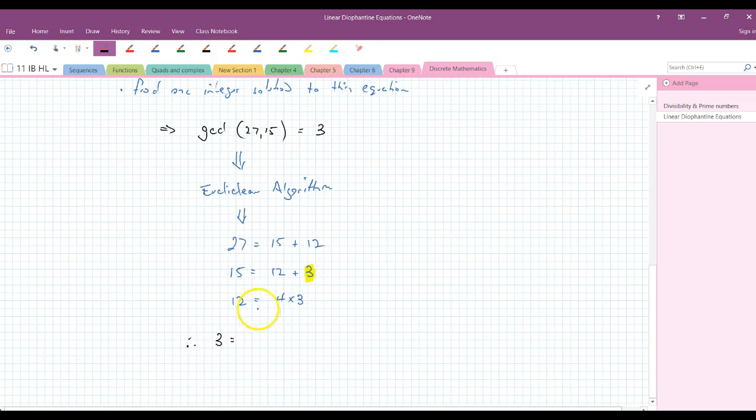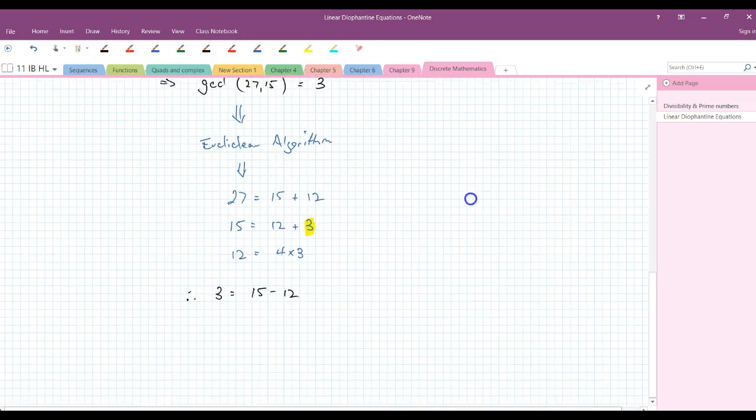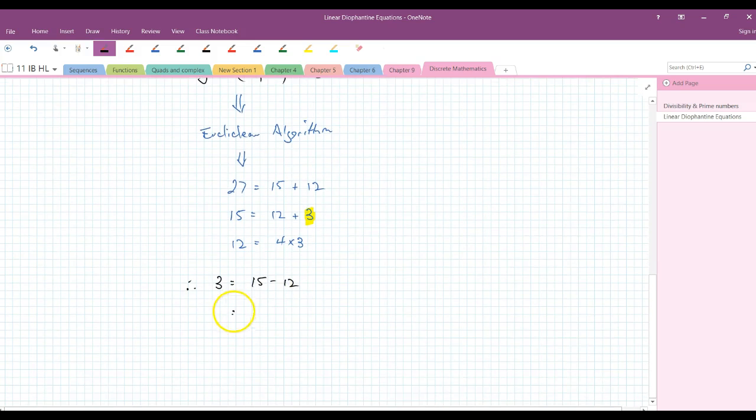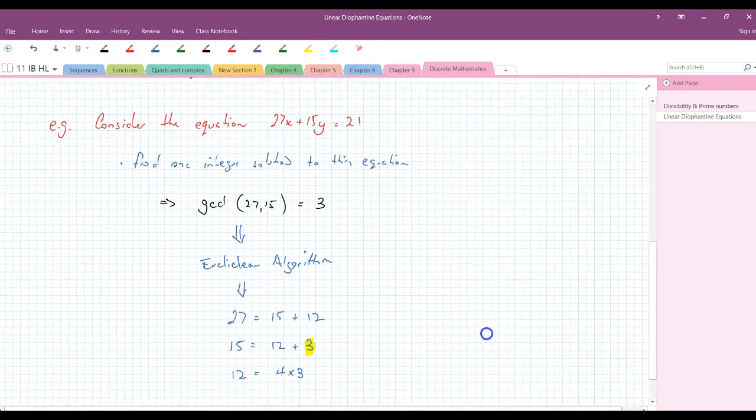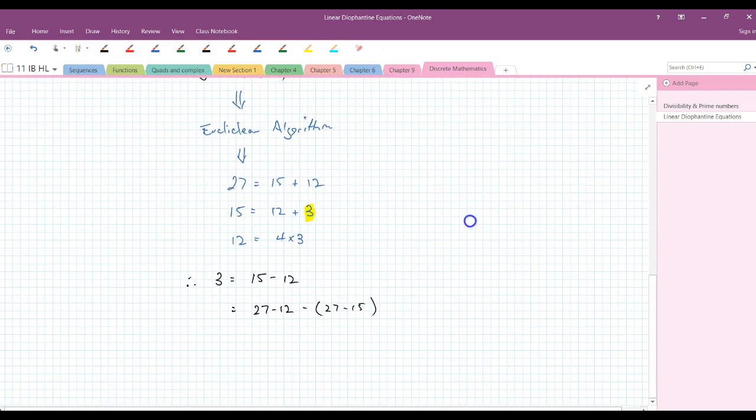So working backwards, 3 is equal to 15 minus 12. Moving a step up, 12 is equal to 27 minus 15. We want to get things in 27s and 15s, so this 12 has to be replaced.